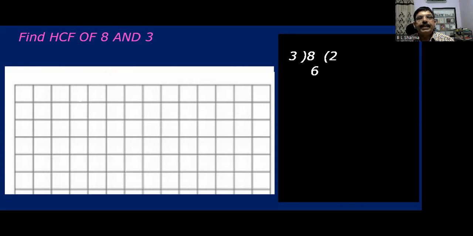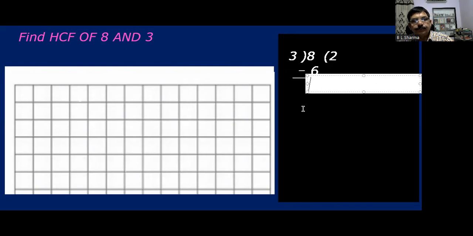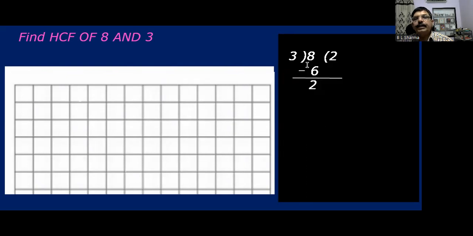And when you subtract, you get here 2. So when you divide 8 by 3, 3 twos are 6, and the remainder is 2.